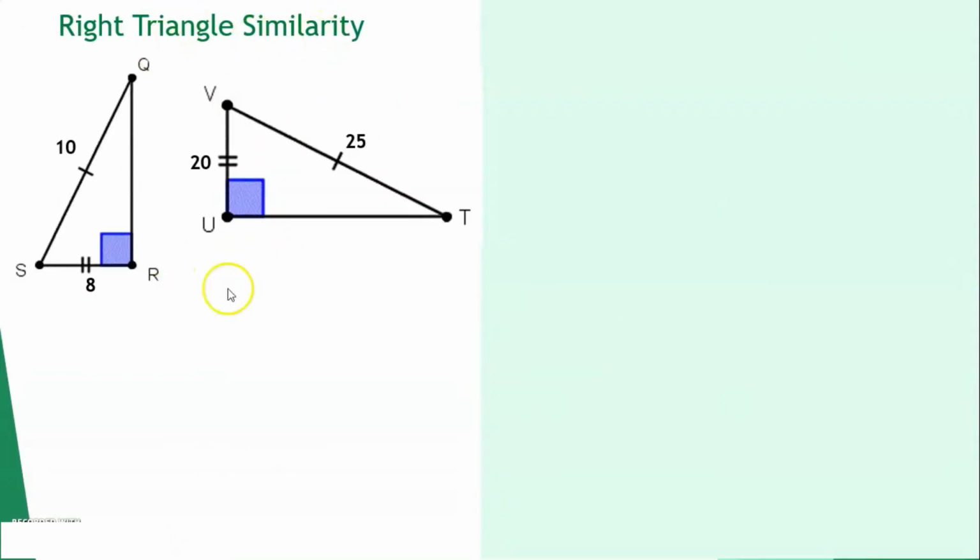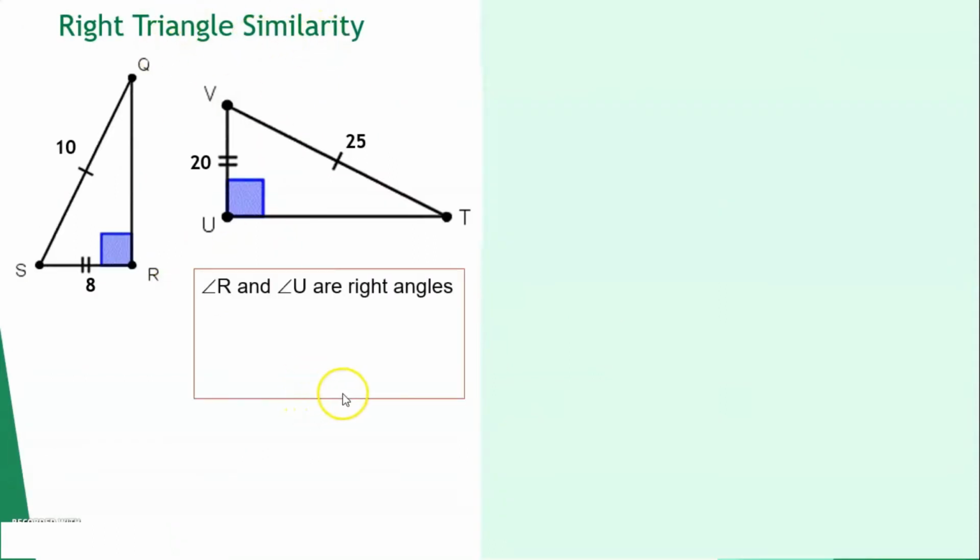Now for right triangle similarity. Given this, angle R and U are right angles, and you have here QS over RS is equal to VT over VU. Substituting this, that would be 10 over 8 is equal to 25 over 20.